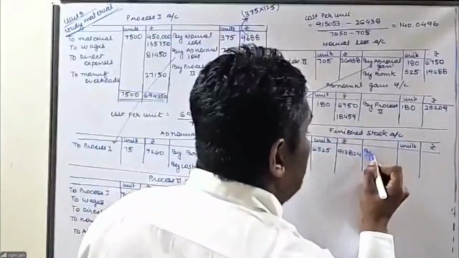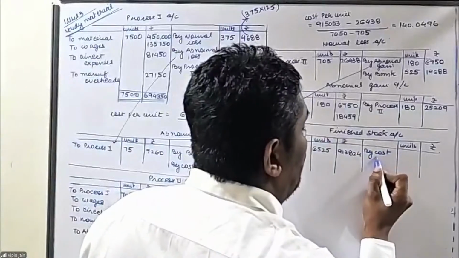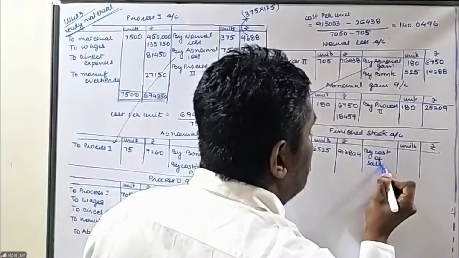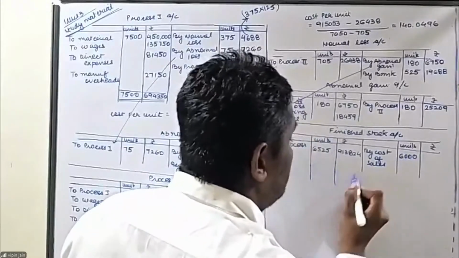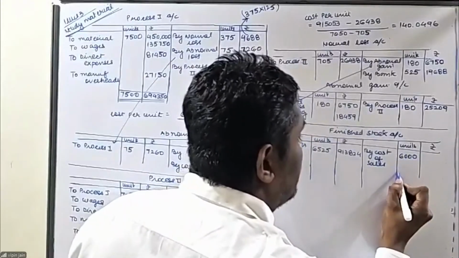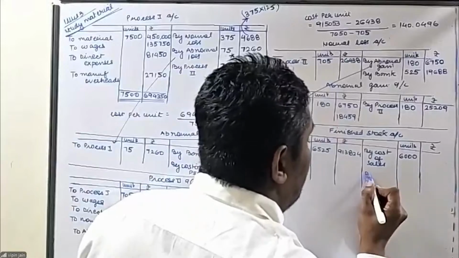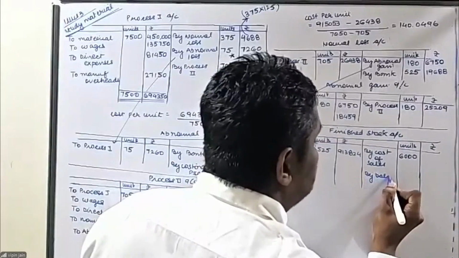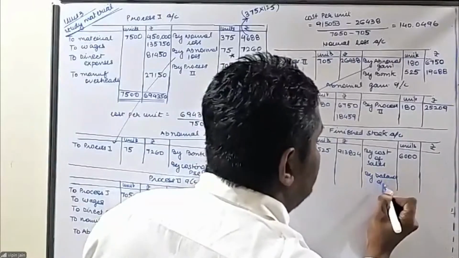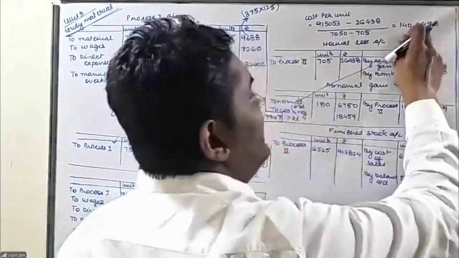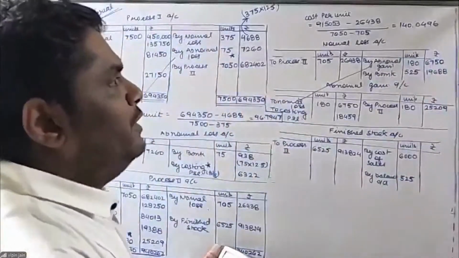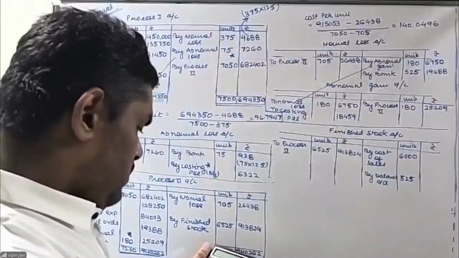So, by cost of sales, only 6,000 units are sold in the market. Balance units are still in stock. So, by balance c/d, 525 units. Cost we have already calculated, that is 140.0496.